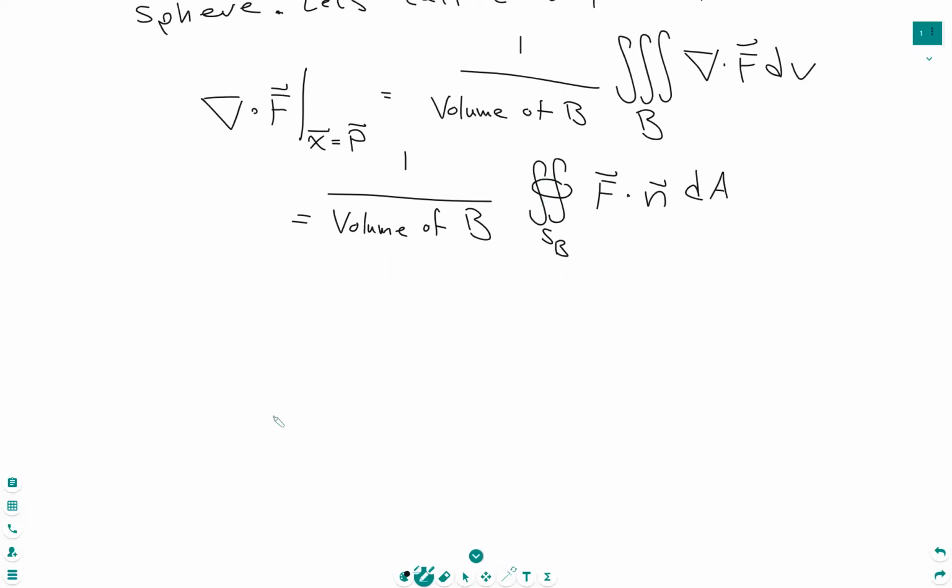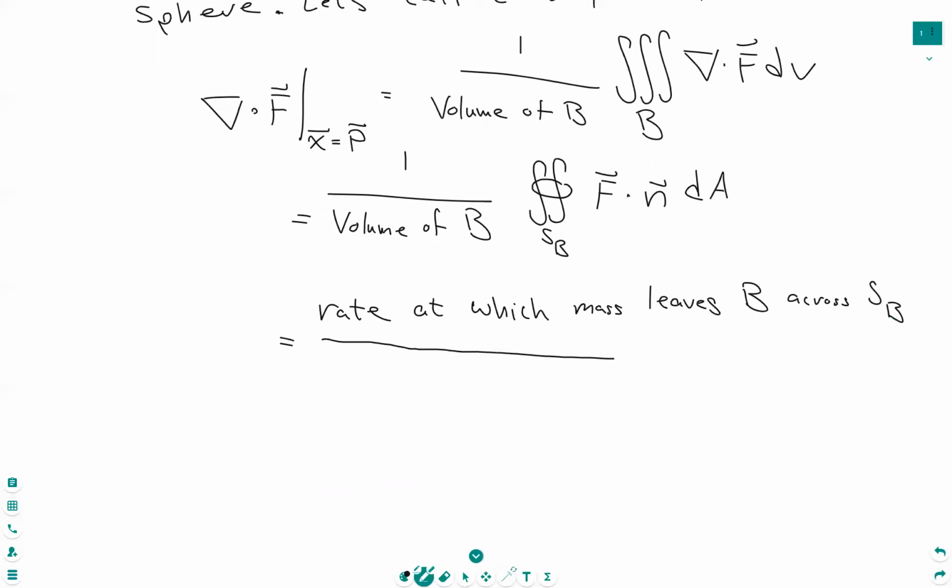Well, this is the flux, right? So this is equal to, in kind of layman's terms, the rate at which mass leaves the volume B across the surface.